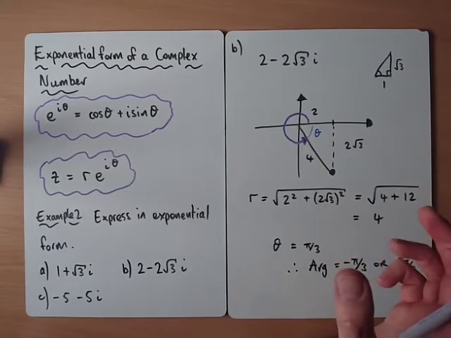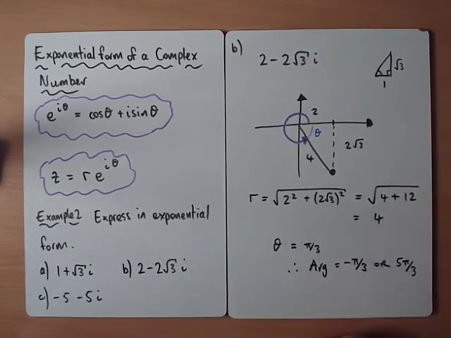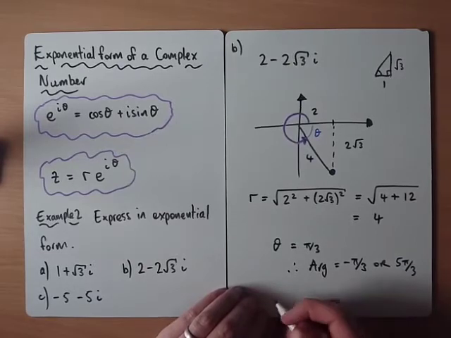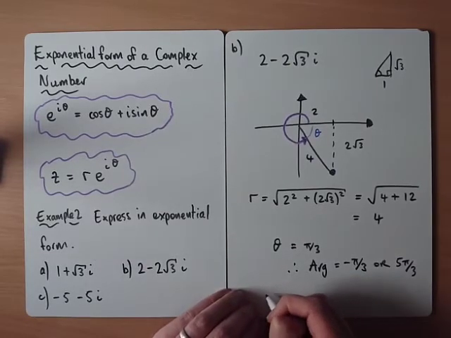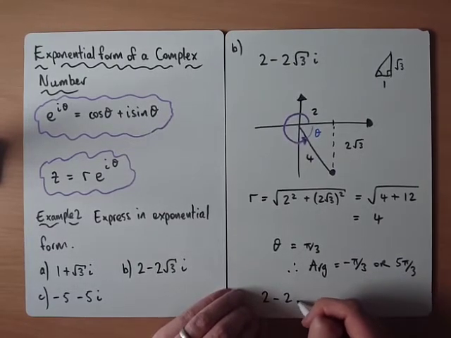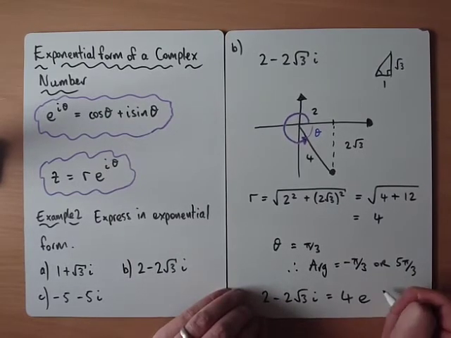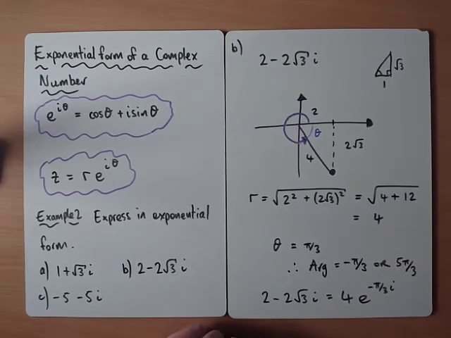It might be between 0 and 2 pi, or it might be between minus pi and pi, so you could use either one depending on what the question says. This one doesn't specify, it's just about getting used to the form for the complex number. So I'm going to write it in the form 4 e to the minus pi over 3 i.